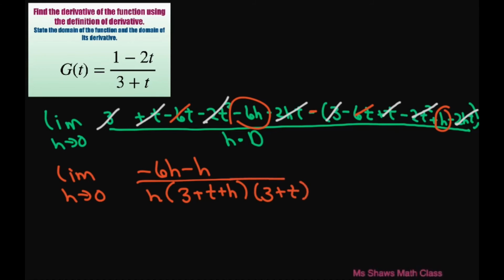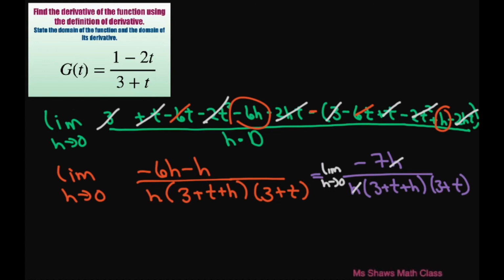Now let's go ahead and factor out an h. This is negative 7h, so we're going to have negative 7h divided by h times (3 plus t plus h) times (3 plus t). All right, the h's cancel out. And I should have written the limit in front of this.